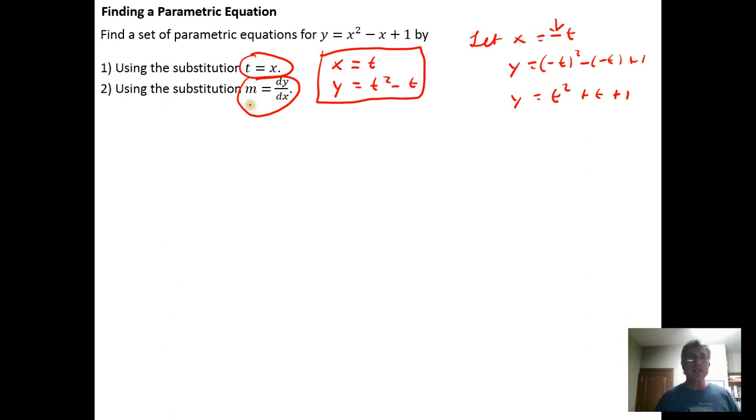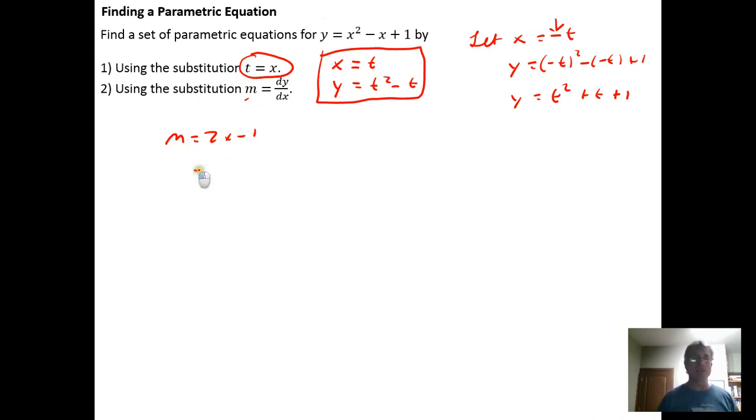So it isn't uncommon to use m to represent slopes, so that's what's happening here. So if we look at y and we take its derivative, we know its derivative is 2x minus 1, and then we just give that derivative a name. We say, hey, we're going to let the derivative be m. m is 2x minus 1, the derivative of the function.